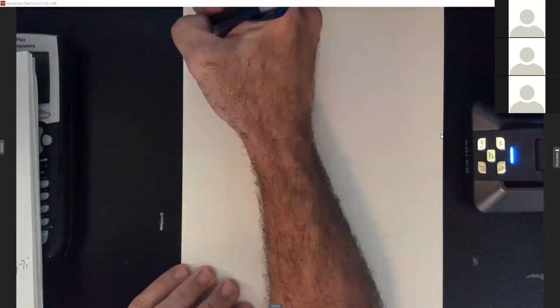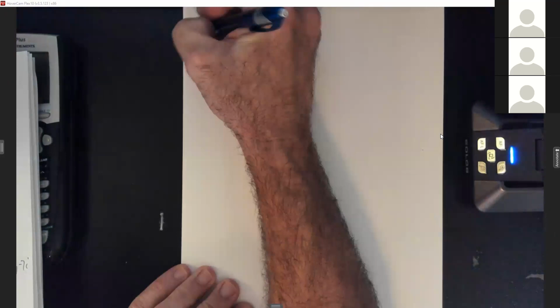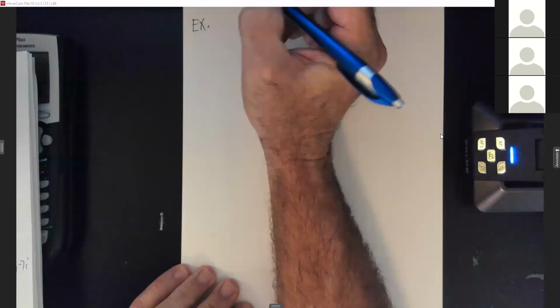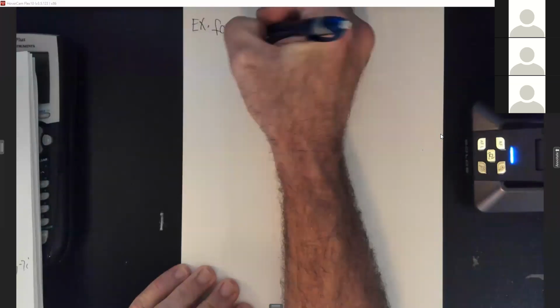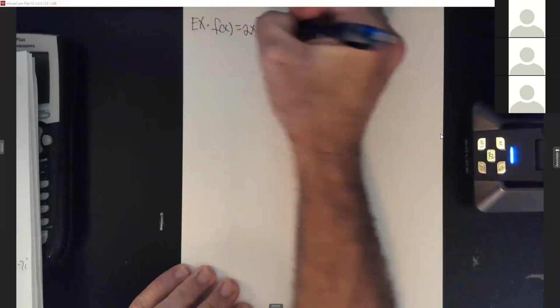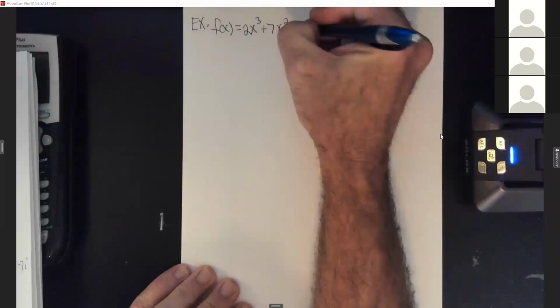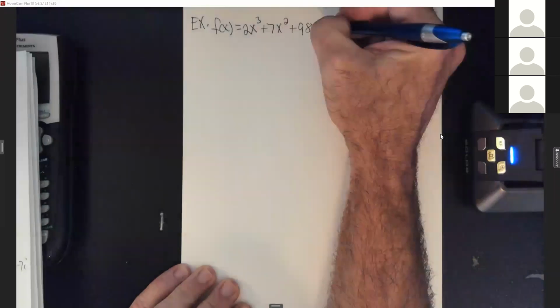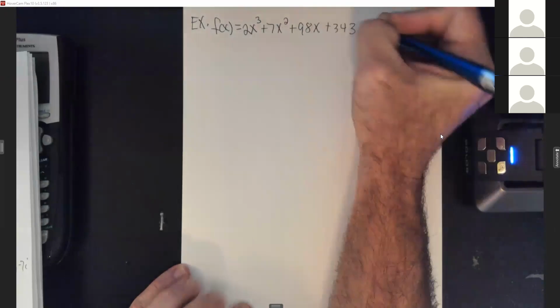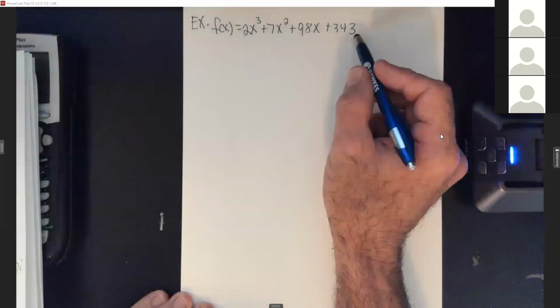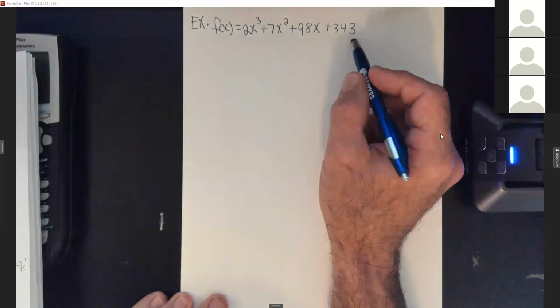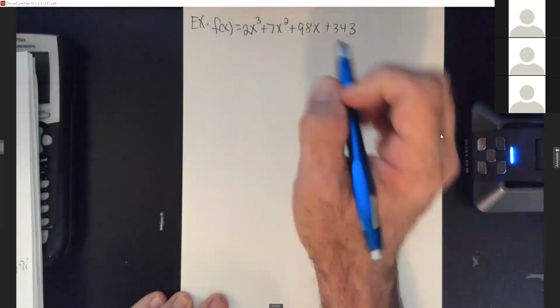All righty, we're going to move on to the next one. Here is f of x equals 2x to the third plus 7x squared plus 98x plus 343. So I'm going to find all my possible zeros because I don't know where to start on this one.